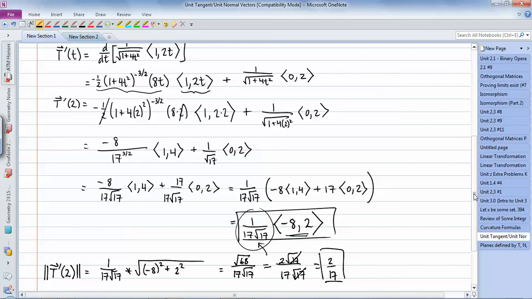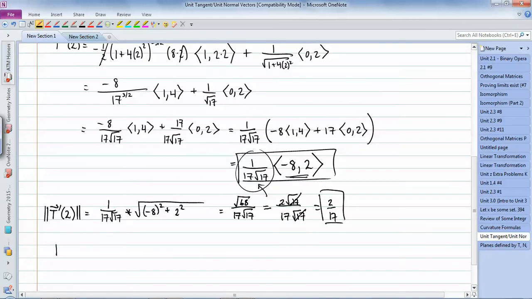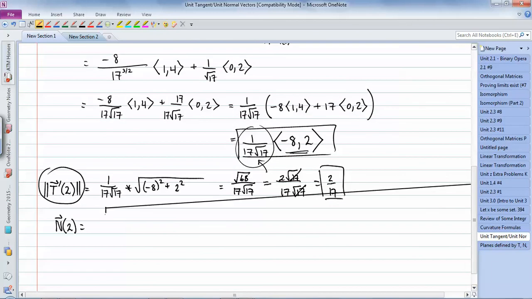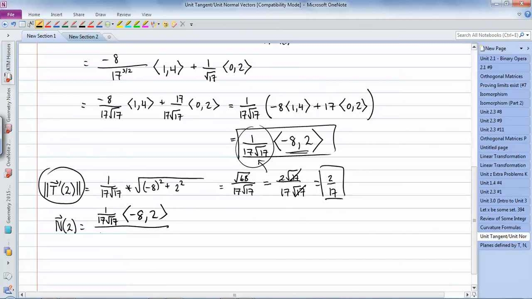Okay, so let's go back to finding N of 2. And remember, that's going to be this divided by that. So on top, we've got 1 over 17 root 17 times <negative 8, 2>, over 2 over 17.